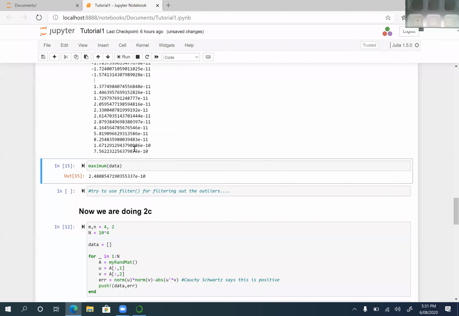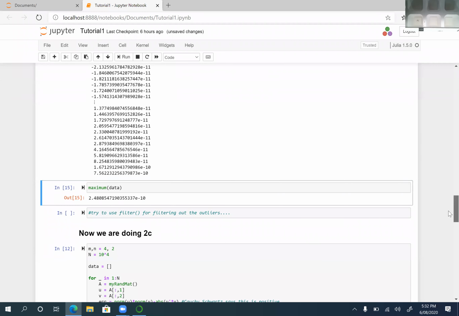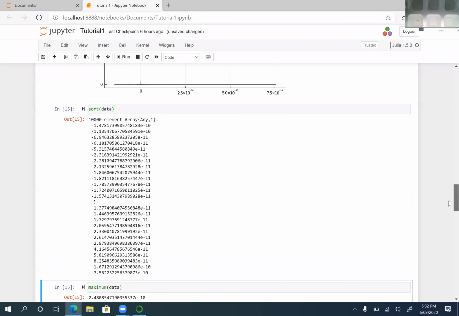All right, so now it allows us to see what's in the data. We can see we have a great many numbers that are close to 0, 10 to the minus 10, 10 to the minus 11, and so on. Some negative, some positive.